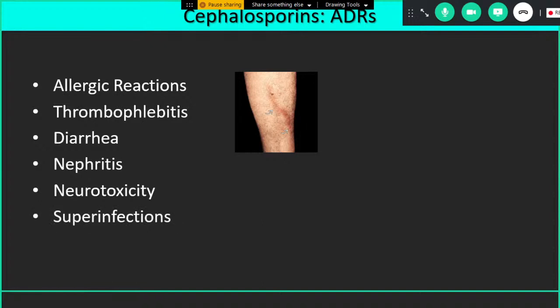There's a chance of neurotoxicity, and also a chance of superinfection, especially fungal infection, and sometimes membranous colitis can also occur.